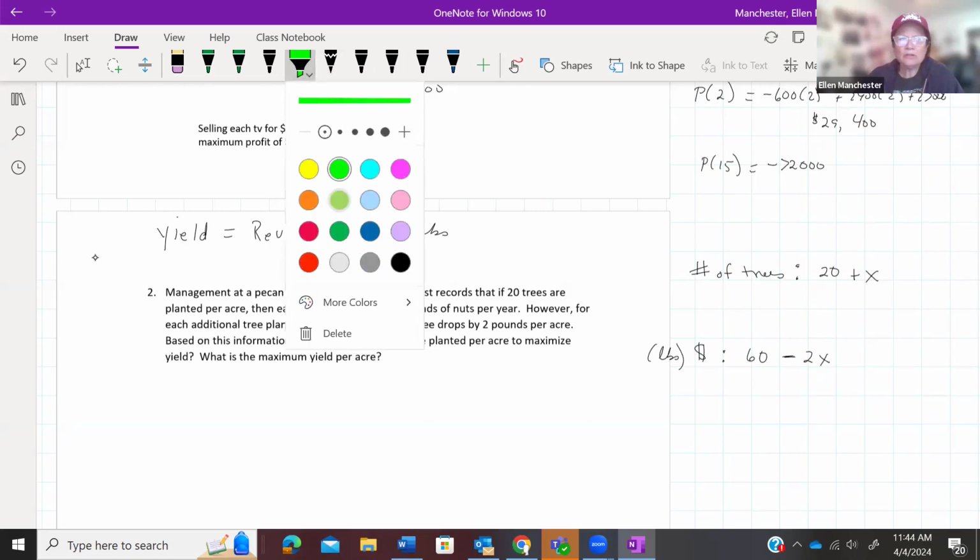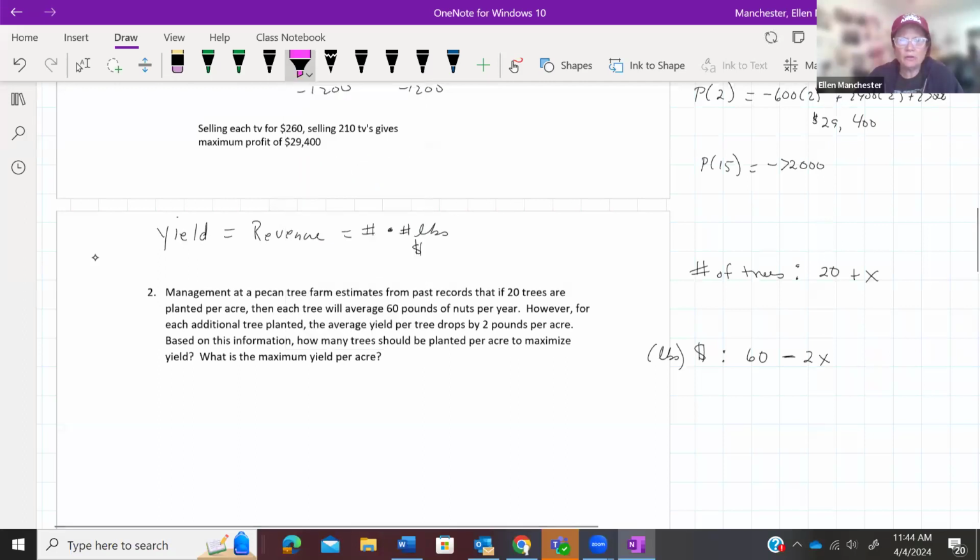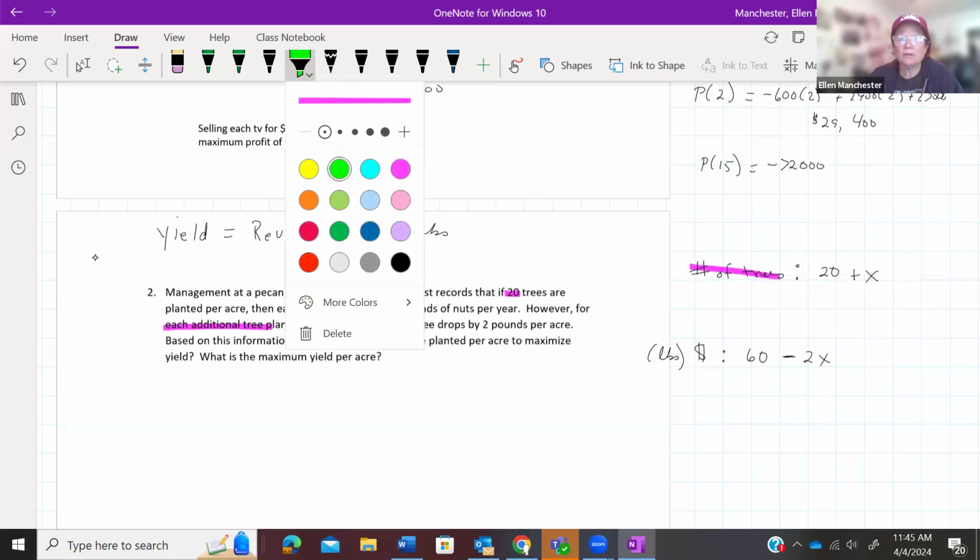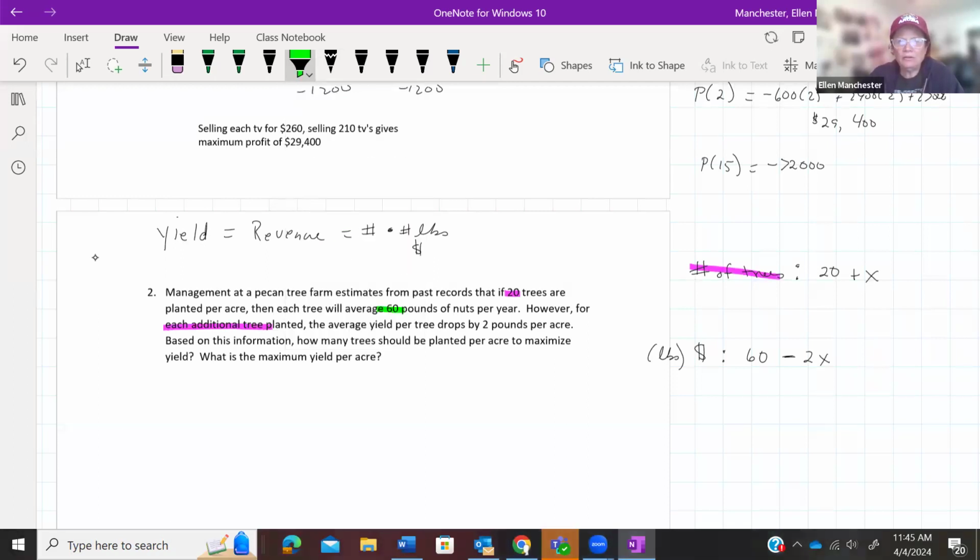I want to make sure that you see exactly how this works. This and each additional tree go together. That's the number of trees. And then the pounds goes with pounds. And that is our dollar amount or our value, if you will.